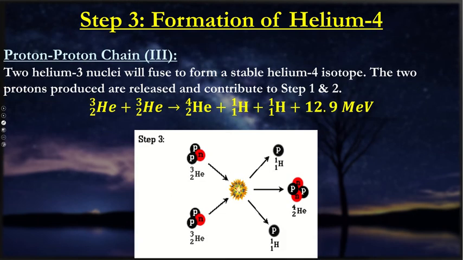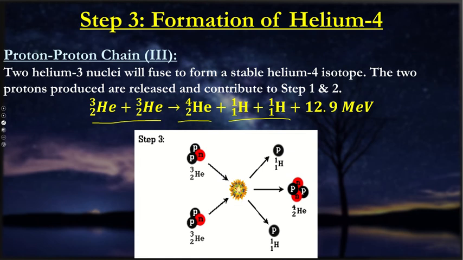The next one we have is then the helium-3. So now you have two helium-3s from the two reactions that you have, and the two helium-3s are going to collide with each other. It's going to produce a helium nuclei, and it produces two protons. So these two protons can now be used for step 1 or step 2.